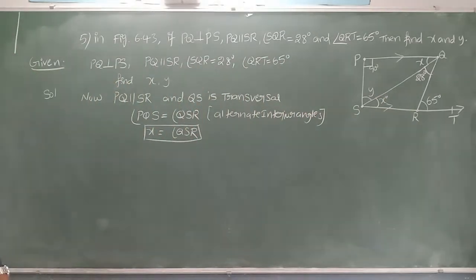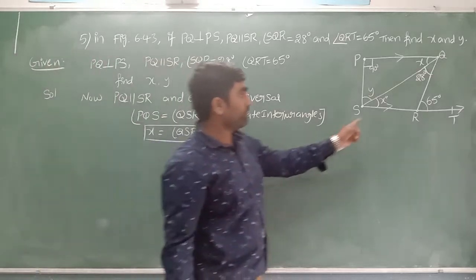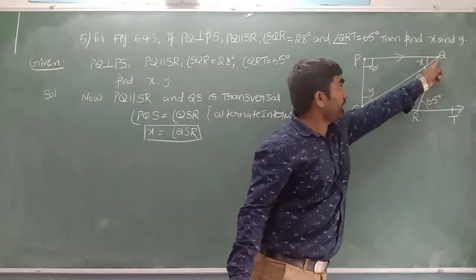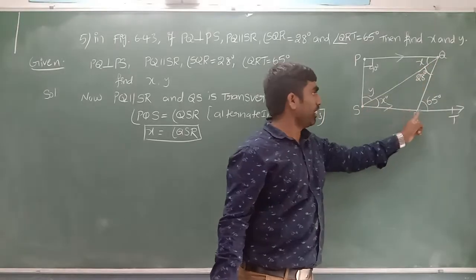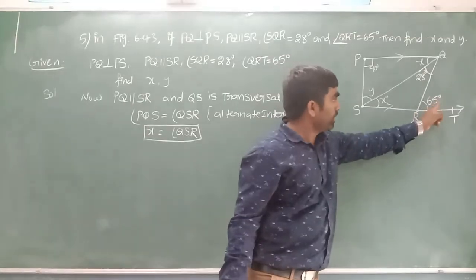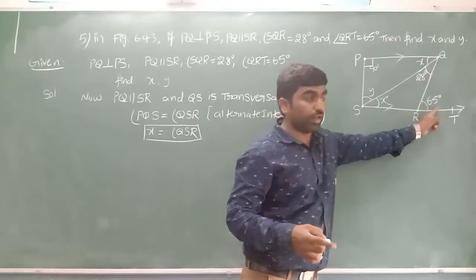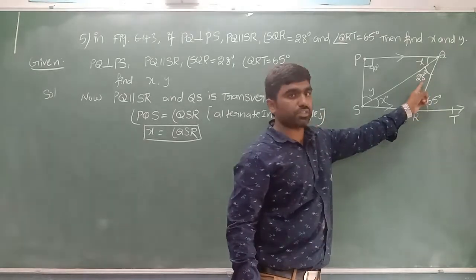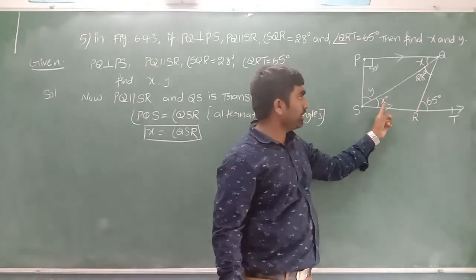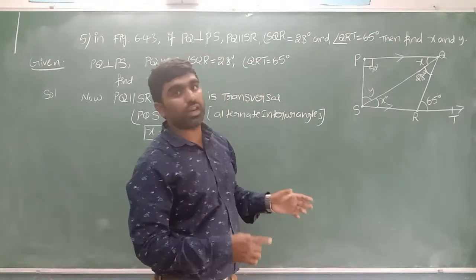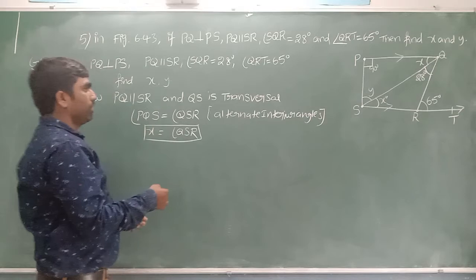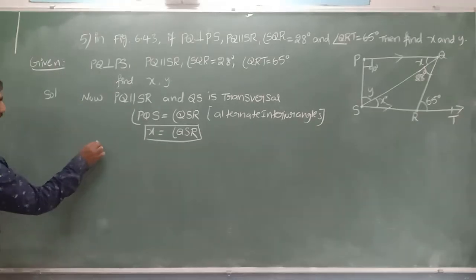Now think about this x. How can I find it? Let us take triangle QSR. In it, I know the exterior angle and also one of the interior opposite angles. Then the other interior opposite angle we can find easily by using the exterior angle property. Now I am taking triangle PQR.